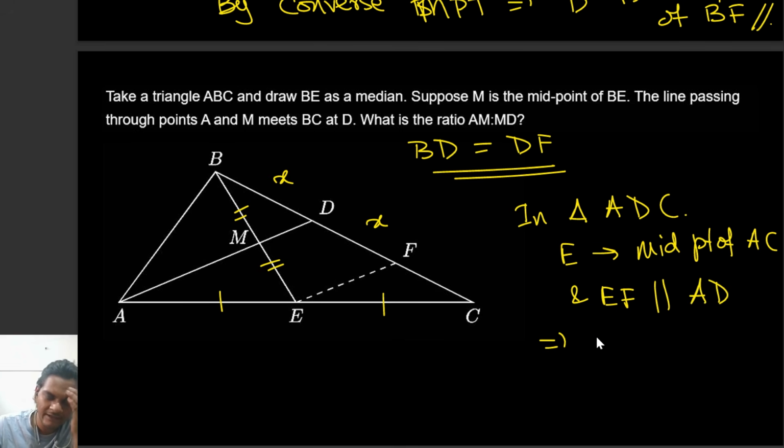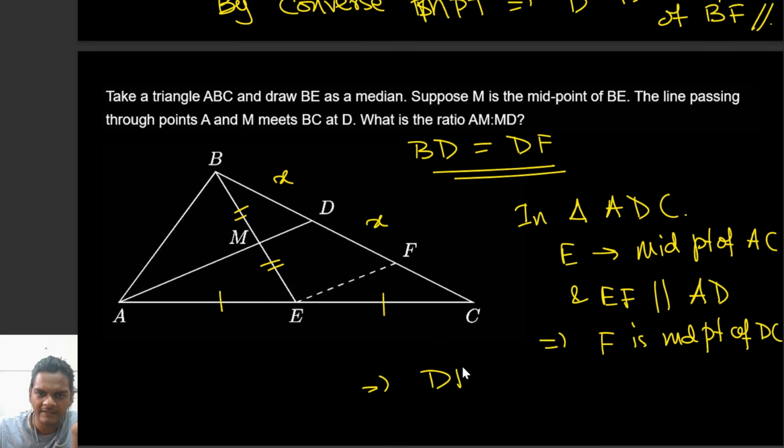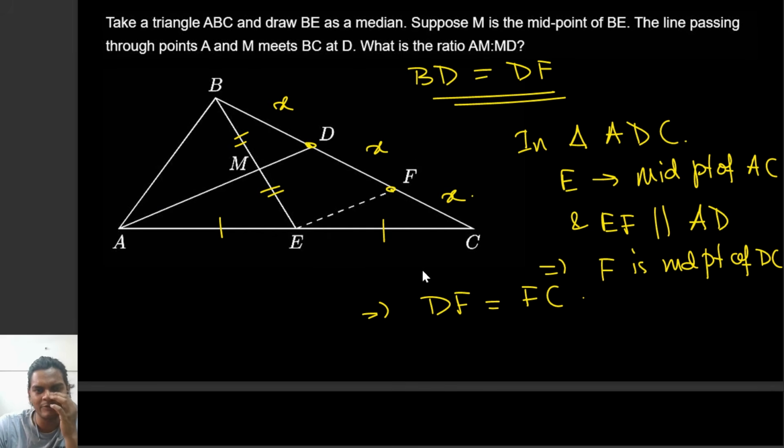Now that would imply that F is the midpoint of DC. That would again mean DF is equal to FC. That means this is x. So we found that D and F trisect the side BC. So how is that going to help us?